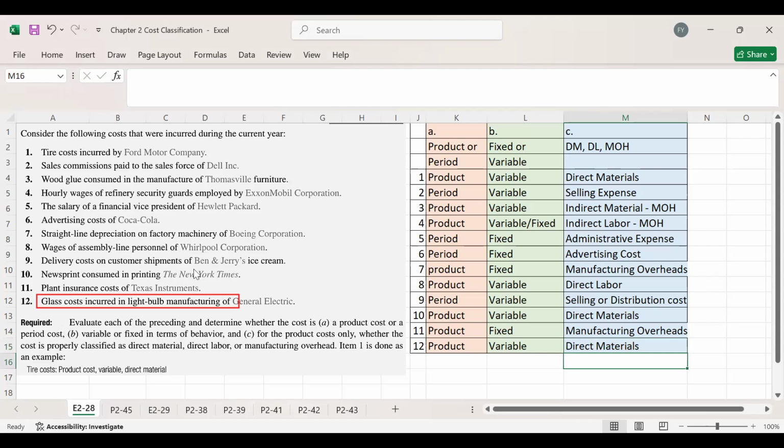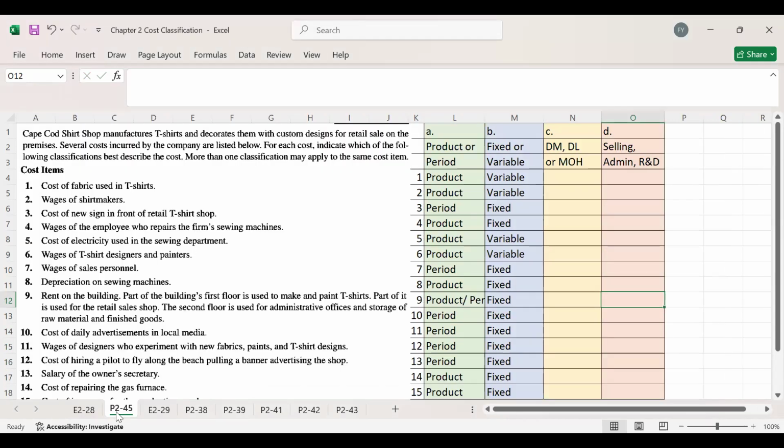Similarly, we have another practice problem, which is problem 2-45 from Managerial Accounting by Ronald Hilton. Here we have already covered the difference between a product cost and period cost, and the fixed cost and variable cost in our previous lecture.